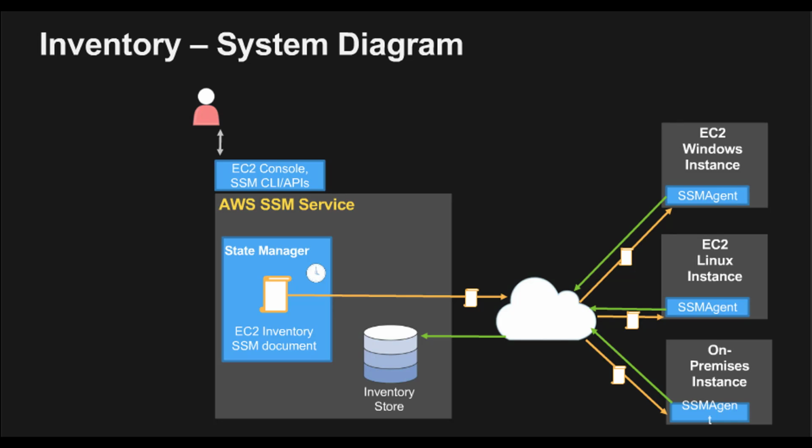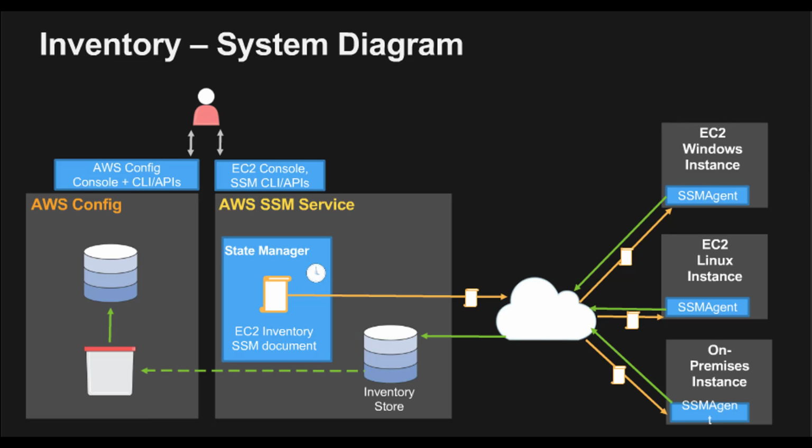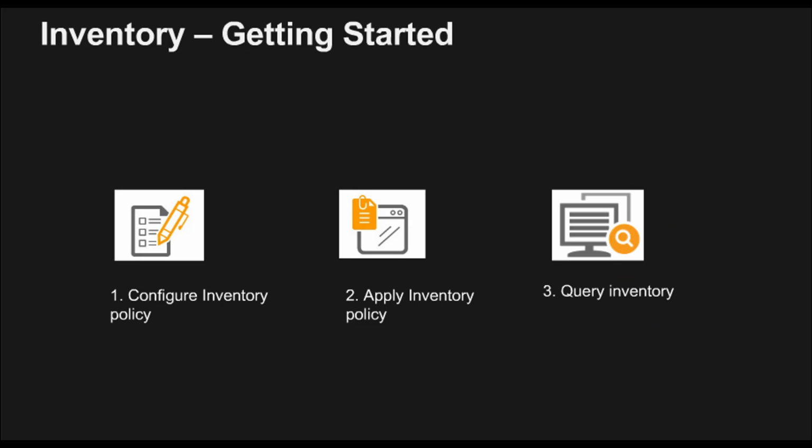But if you want to go back on a historical record and identify state changes over time, you can use AWS Config to do that. AWS Config is a great service that allows you to monitor state changes to a wide variety of AWS resources, including EC2, S3, RDS. It also includes a capability for you to monitor changes in inventory.